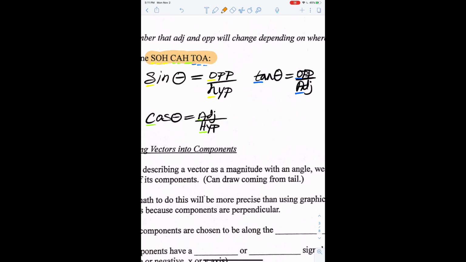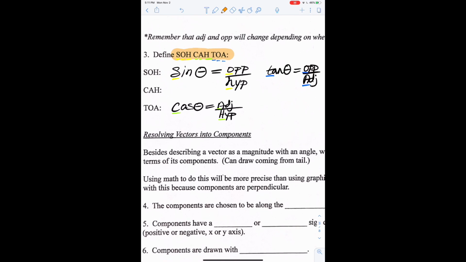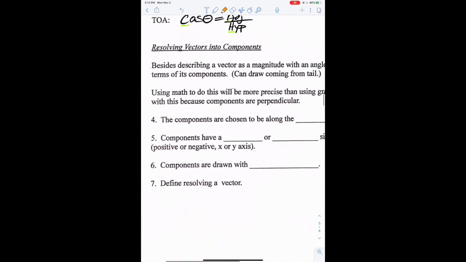Anyways, so you have SOH as that, and each set of 3 letters stands for one of these formulas, and they help you memorize these 3 formulas. I guess if you just knew the 3 formulas, you wouldn't have to memorize or know SOH, right? You'd already have it memorized, but I don't know. It's just a little easier this way.